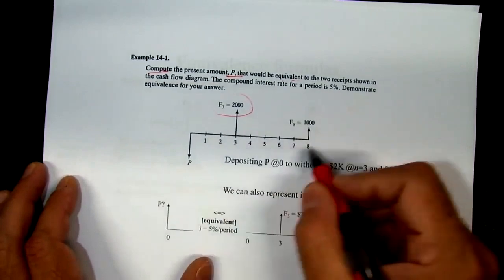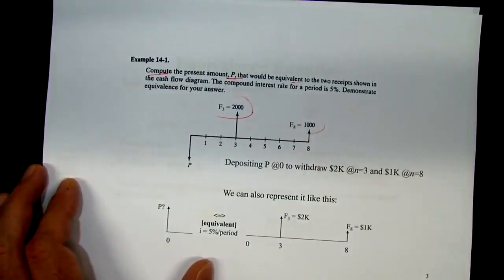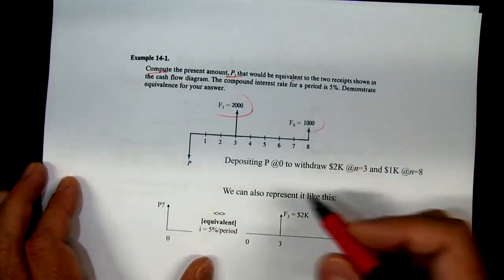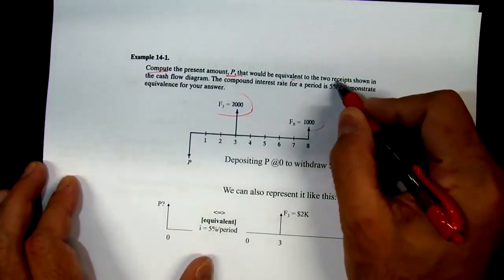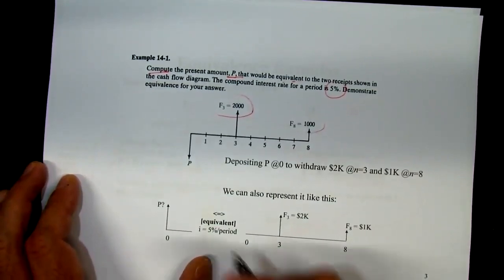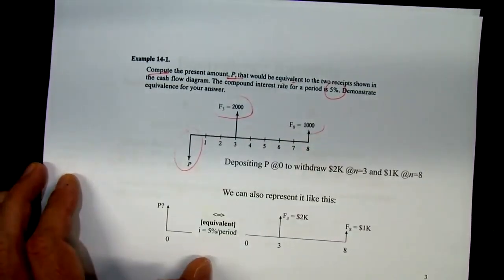And I will also need $1,000 8 years from now. So the question is, given that my bank is guaranteeing me a 5% interest during this time, how much do I need to deposit right now to be sure I have just enough for these two transactions?